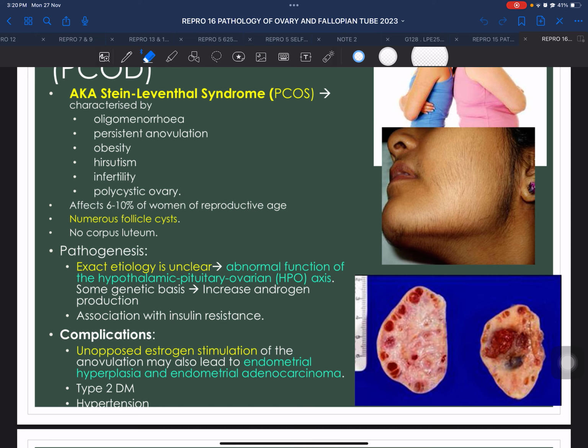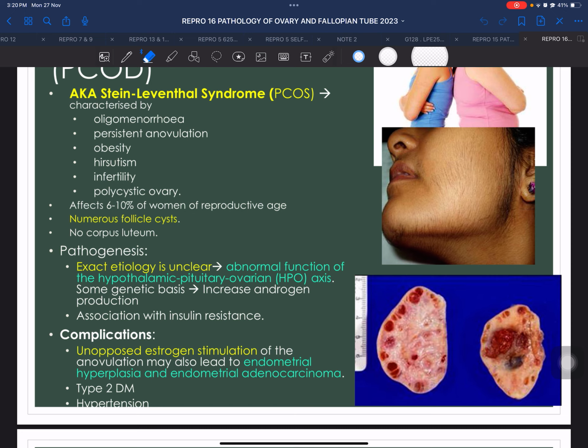So the complications that can occur in patients who have polycystic ovarian disease are that they can have unopposed estrogen stimulation that leads to endometrial hyperplasia, okay, and endometrial adenocarcinoma. If you remember in your general pathology, in cellular adaptation, the influence for endometrial hyperplasia is an excess of estrogen hormone stimulation.